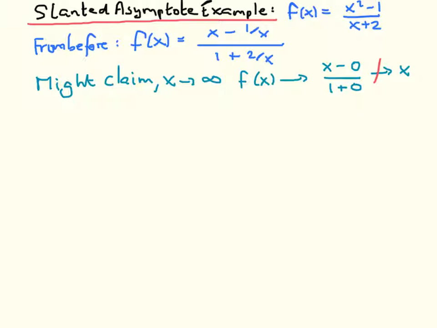So what I want to do in the rest of this slide is to explain what the issue is and calculate it correctly. So let's just see what the problem is. f of x will actually approach, as x approaches infinity, x plus a constant.